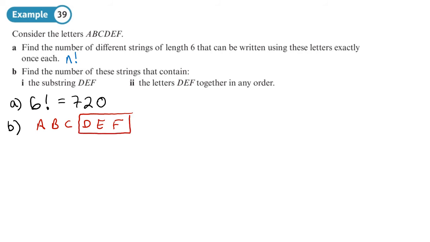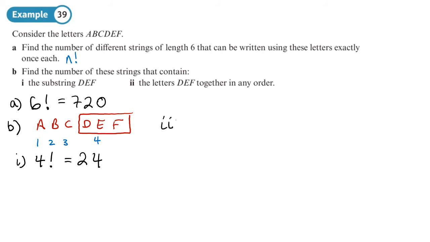So now we can think of this as a set containing 4 items or 4 elements, because D, E, F is going to appear anyway. So in the first part of this question, we could think of this as being 4 items. So we just work out 4 factorial, which is 1 times 2 times 3 times 4, going to be 24. So this subset must appear, so we can group it together and think of it as a single item.